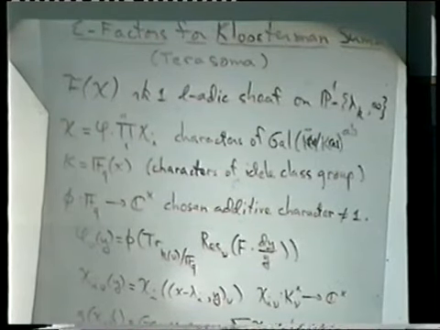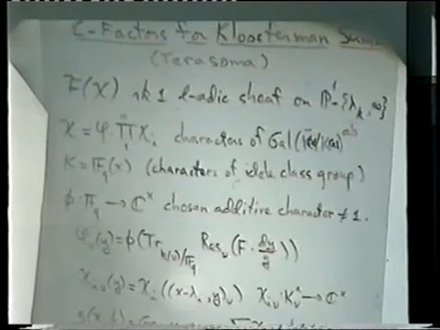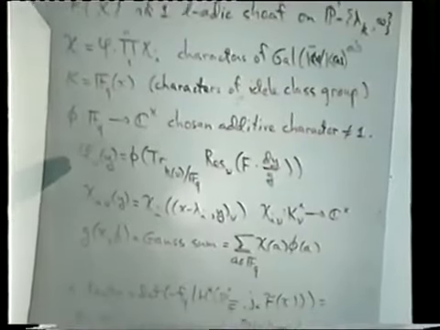Here, what replaces the irregular singular point is a wildly ramified character, and I'm afraid I just don't have time to explain. If you're comfortable with class field theory, you'll... What do you mean wildly ramified? Why is it wildly ramified? Well, because it's not tamely ramified. It's a character of the Galois group.